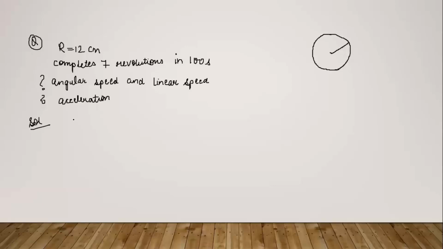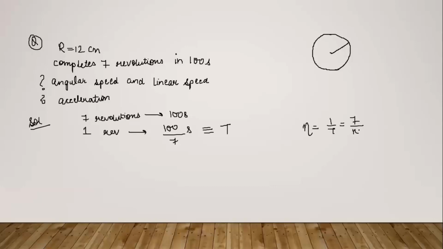So if the particle takes 100 seconds for 7 revolutions, then by the unitary method, for one revolution it must have taken 100 by 7 seconds. The time taken for one revolution is the time period, capital T. And therefore eta, the frequency, is 1 by T, which is 7 by 100.